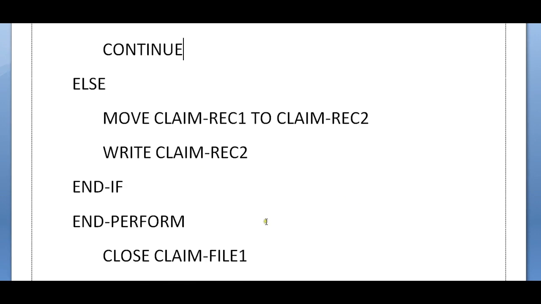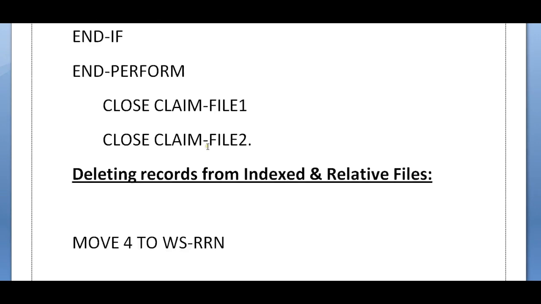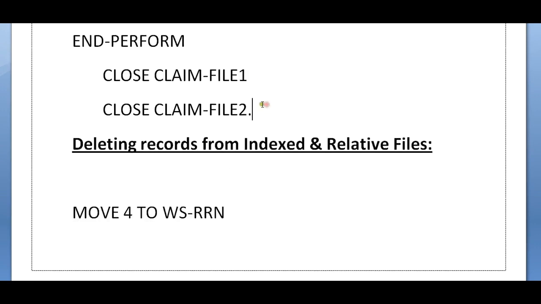I'll move claim record to claim record 2, write claim record 2. So now you have successfully deleted the record by copying from one file to another file, and just after copying it, delete the existing file and rename the new file to the existing file. Don't forget to close the files.